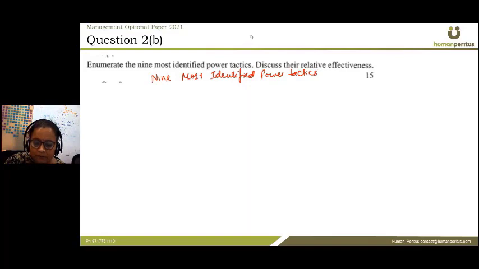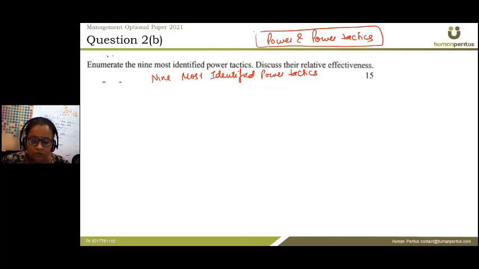So briefly we may discuss here power and power tactics, right? So we can present the identified power tactics by way of a diagram also. So it should be neat and clean, right? So what is the first identified power tactic?